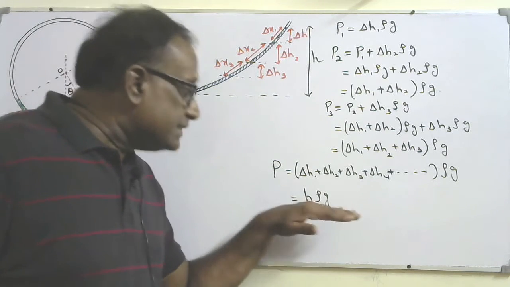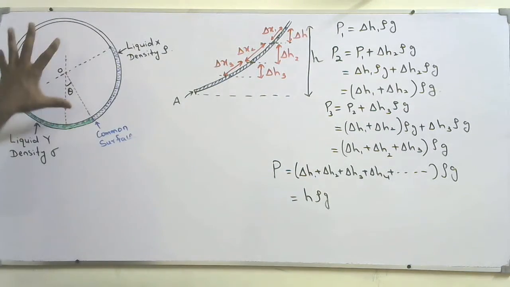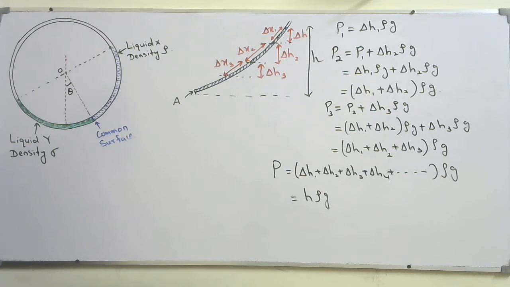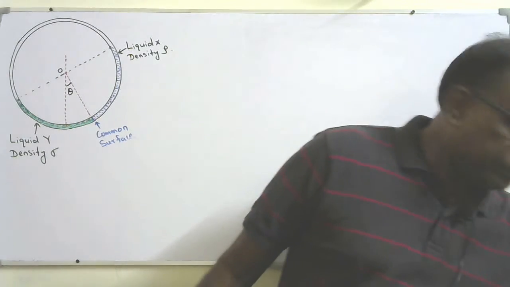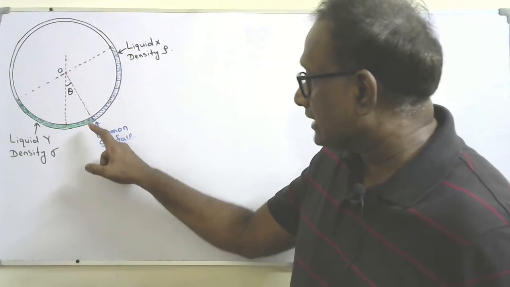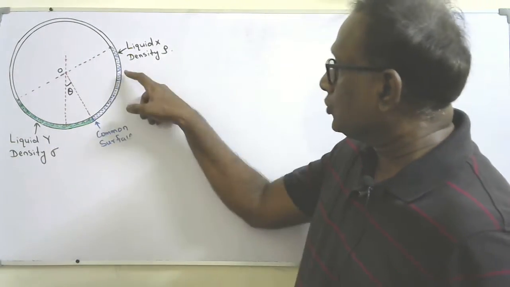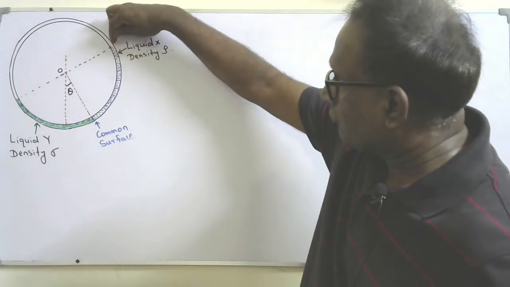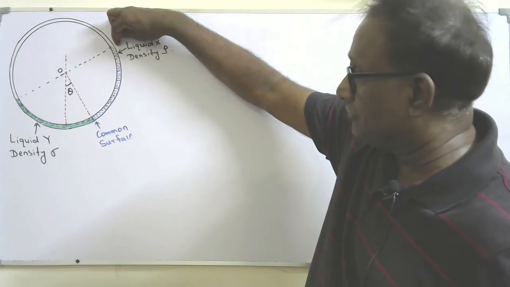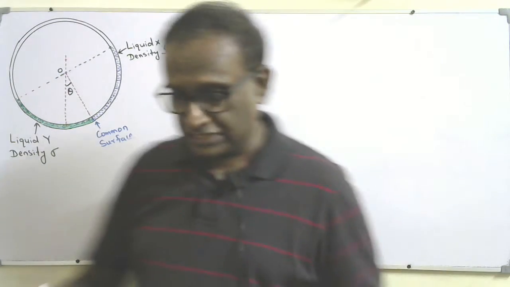Okay, I'm going to use this idea to answer this question. Here, to find the pressure at the common surface due to the liquid X, I need to find the vertical height of this upper surface above the common surface.